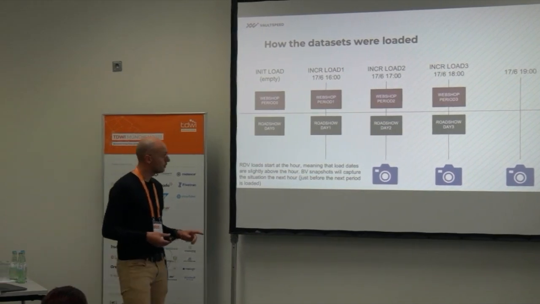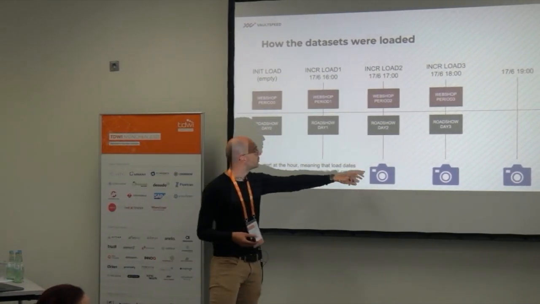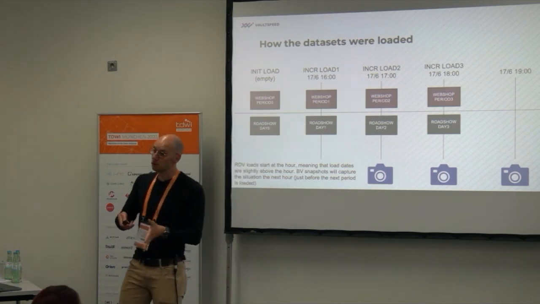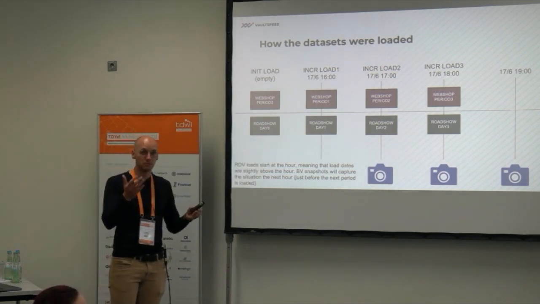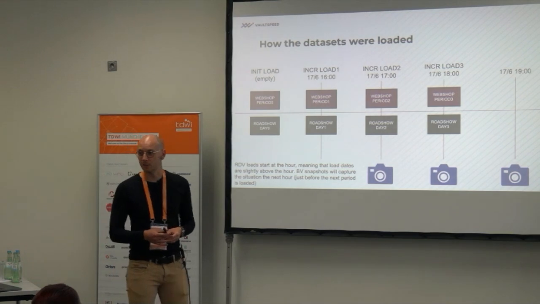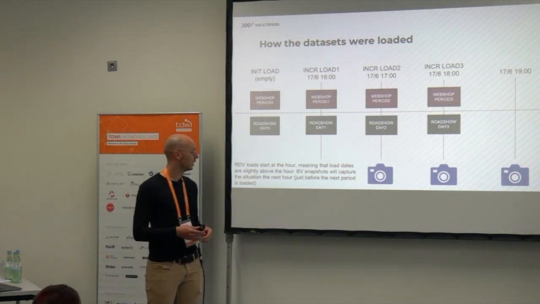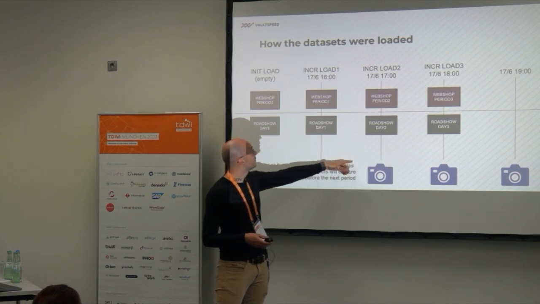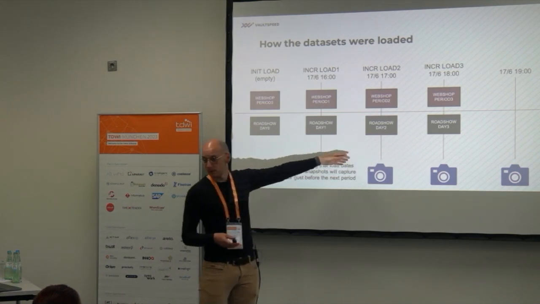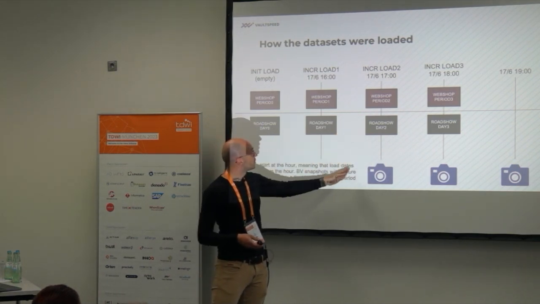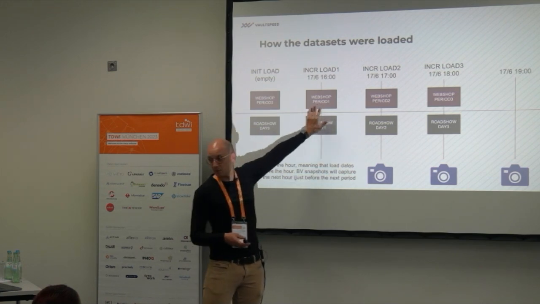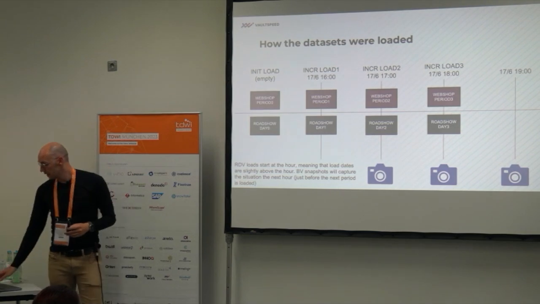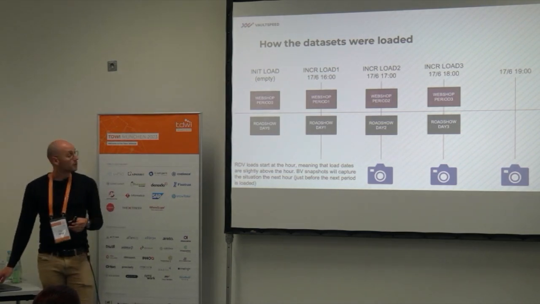And then for the snapshots, this load started at 4 o'clock, meaning that the actual load date of the data is somewhere between 4 and 5 minutes after 4, depending on the duration of the load. So if I take a snapshot at 5 o'clock, or I could have taken it at 4:30, for example, I should get a snapshot that gives me the situation of this period, and so on. So that's a bit how I did the setup for the snapshot of the data to do the reporting later on.